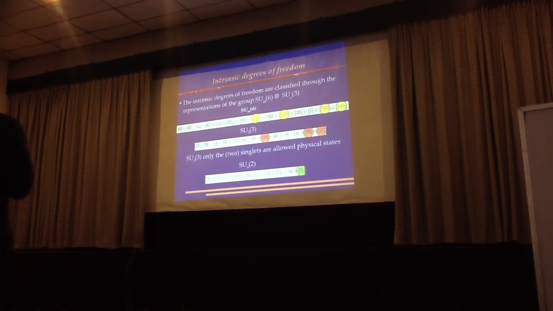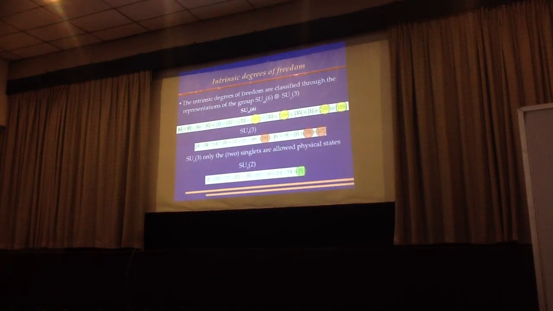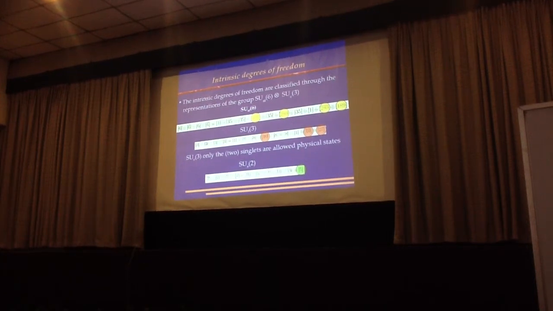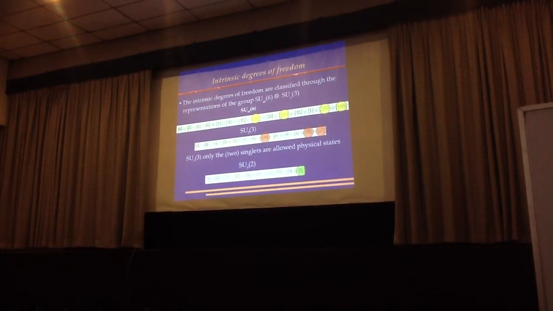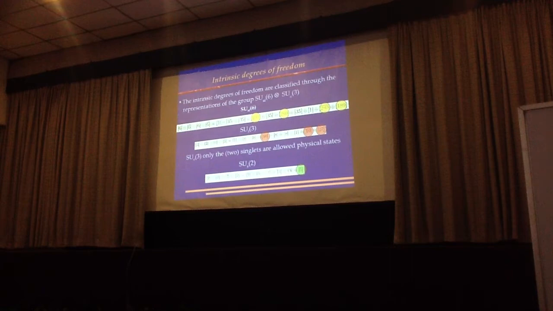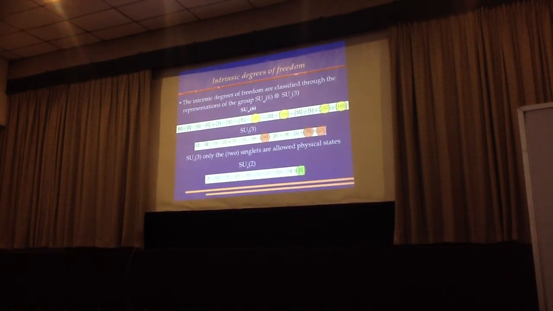So we have started by constructing the intrinsic degrees of freedom, classified through the representations of the standard group SU6 of spin-flavor times SU3 of color. In the first line we see the spin-flavor, and in yellow we can see the exotic multiplets.